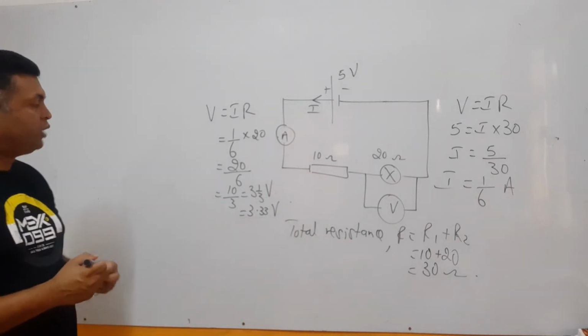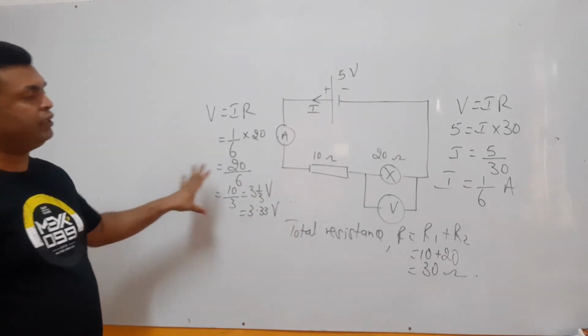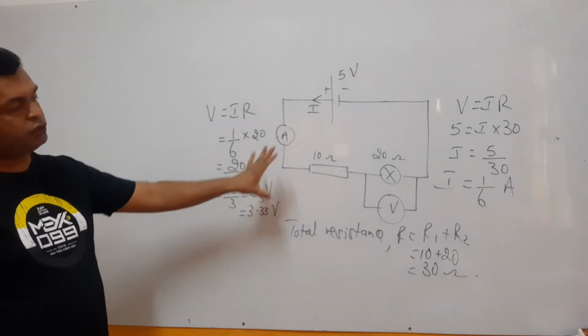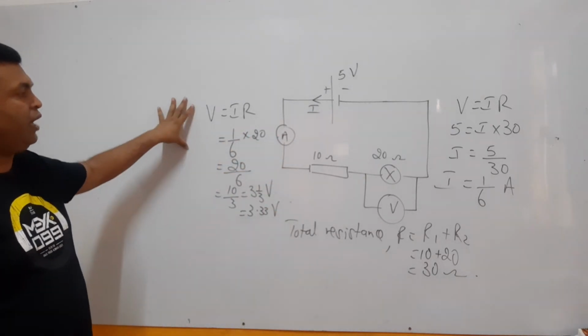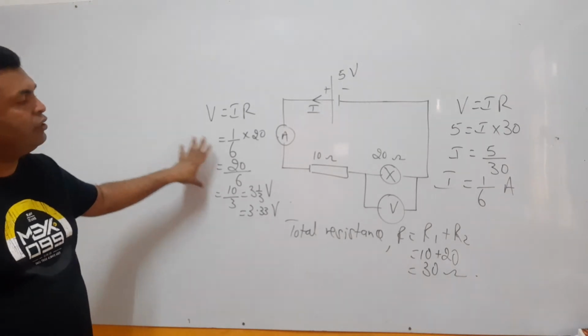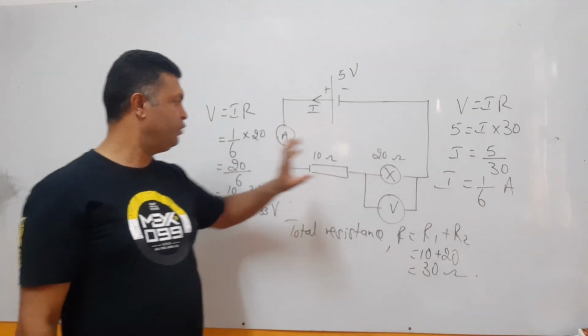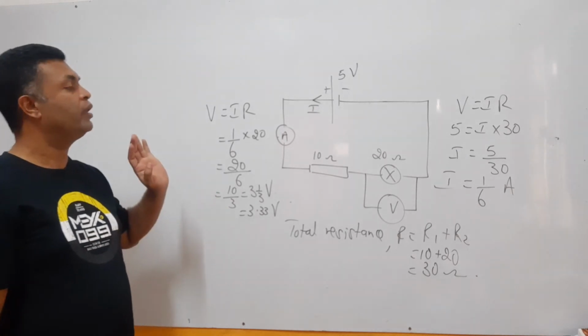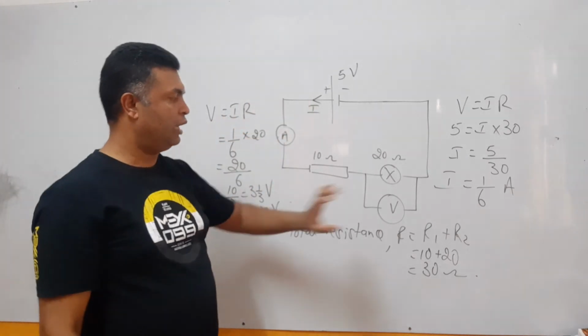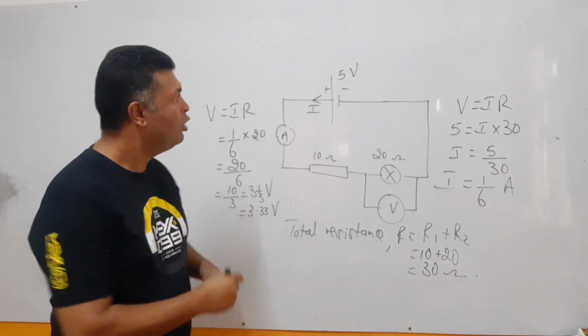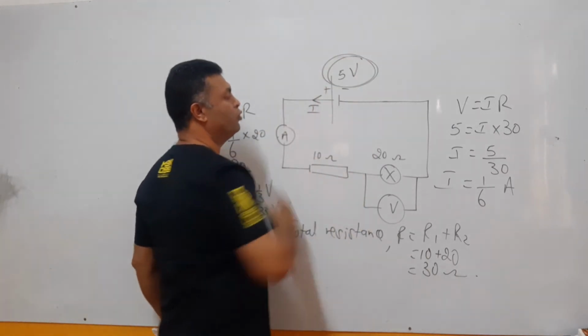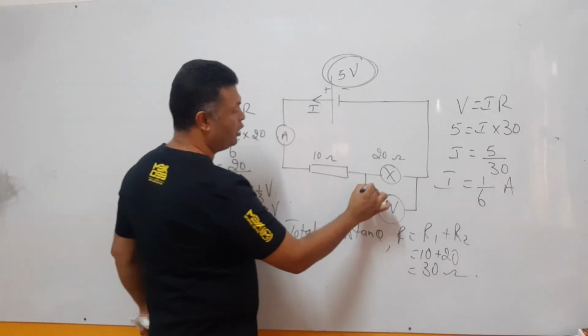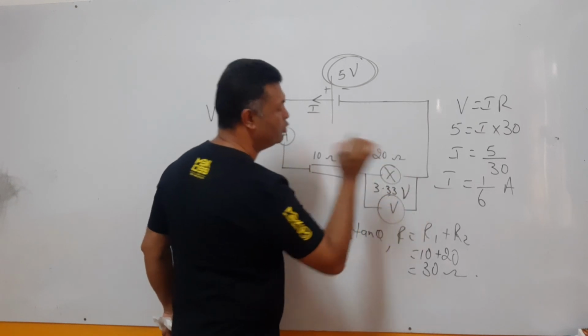So you can see here that I have calculated the current first using the total resistance. Then I calculate the voltmeter reading from V equal to IR again. I get 3.33 volt. Now I got the current, I got the voltmeter reading. Now the total here is 5 volt. Here the voltmeter is giving me 3.33 volt.